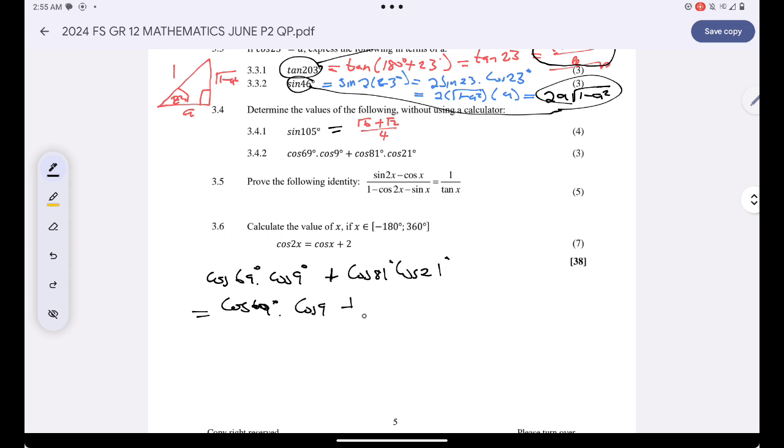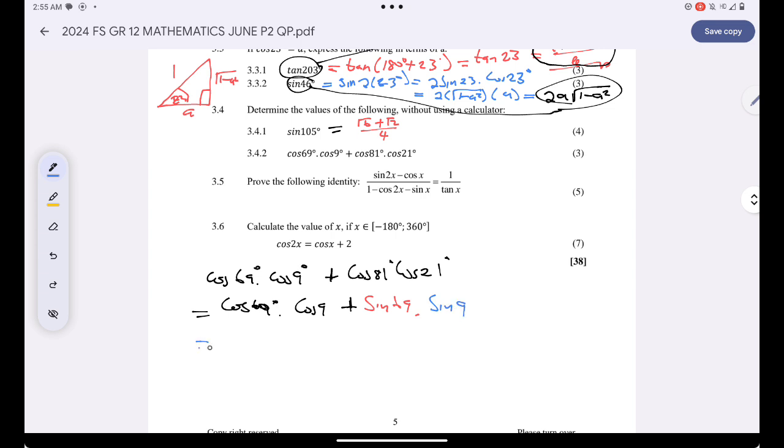Cos 21 can be written as sine 69 according to the cofunctions, and cos 81 can be written as sine 9.